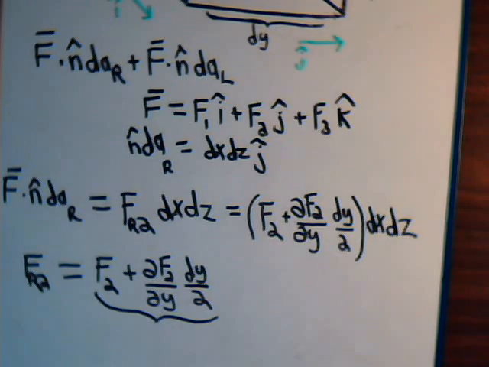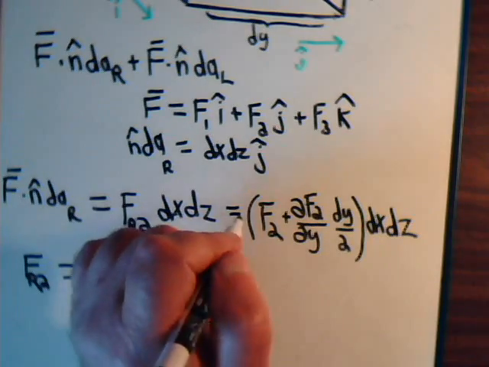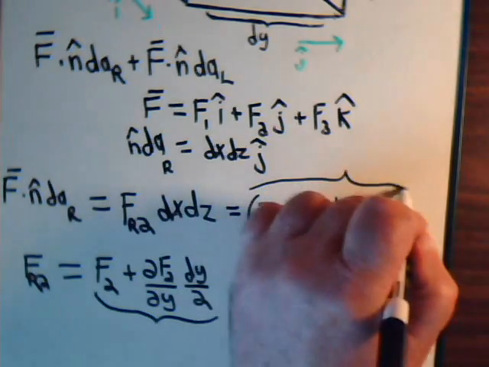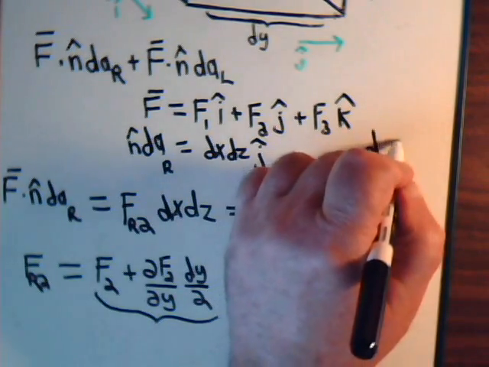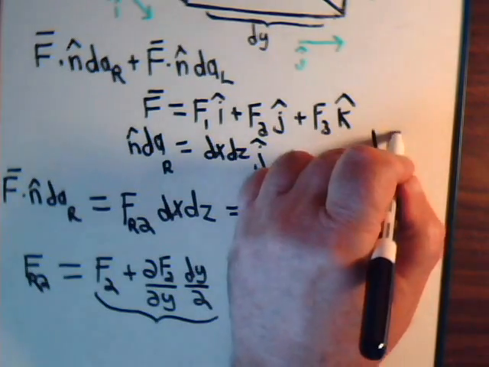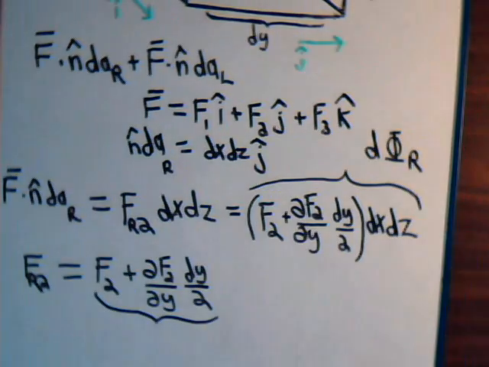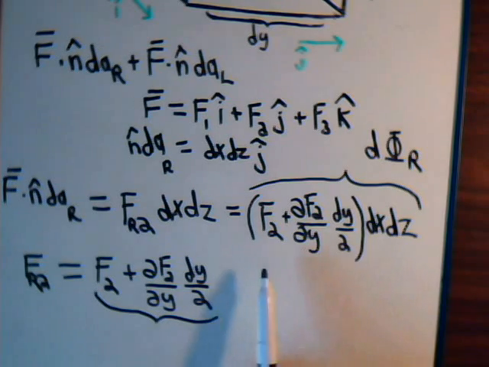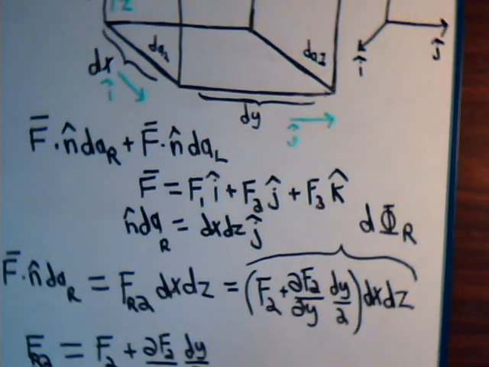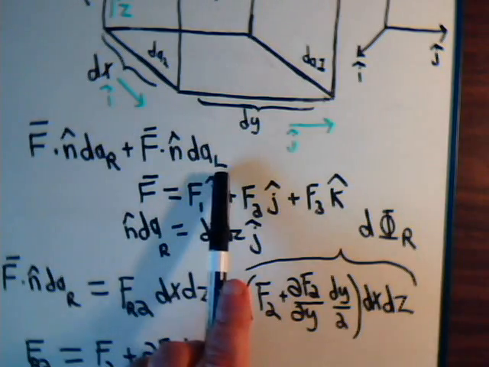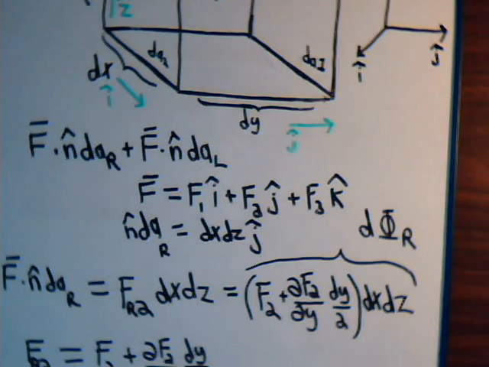And this is the flux at the right-hand face. So remember this expression. We'll use this in just a few moments, but let's now determine what the flux is at the left-hand face. So I guess we'll have to make some room to do that.